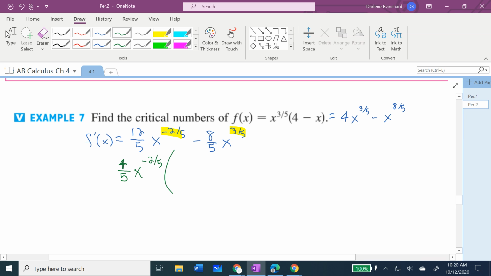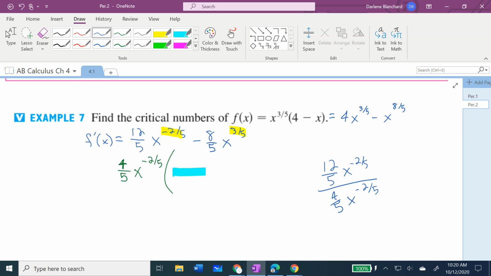And when you're factoring, realize that you're actually dividing. So if I'm trying to figure out what's going to go here, I'm actually going to look at 12/5 x to the negative 2/5 and divide it by 4/5 x to the negative 2/5. And hopefully you can see that that ends up being just 12 divided by 4, and we get 3. Minus.